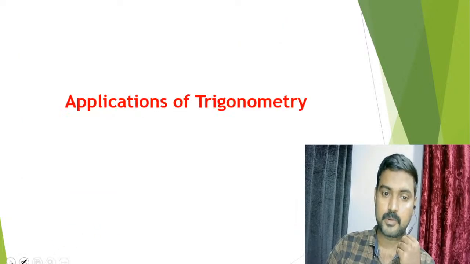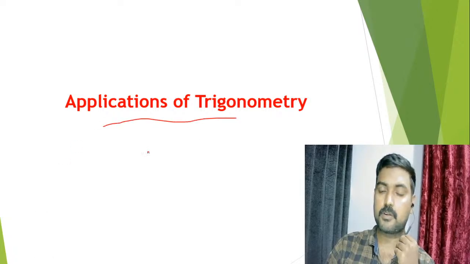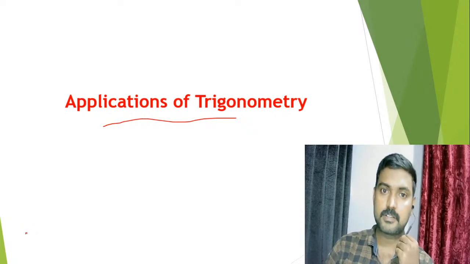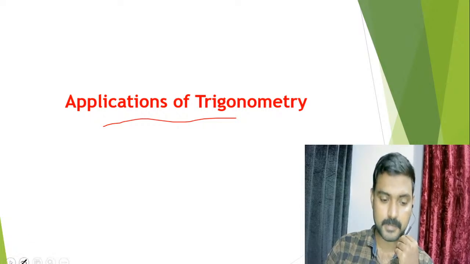Okay. So today we are going to discuss the chapter Applications of Trigonometry. Already we studied the chapter Trigonometry and its trigonometric ratios, reciprocal relations, complementary relations, trigonometric identities, trigonometric values of some specific angles. Such a way we studied a lot of properties.